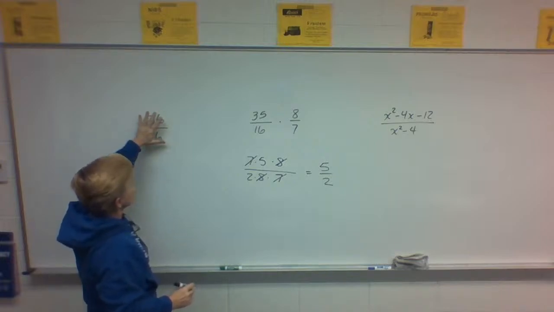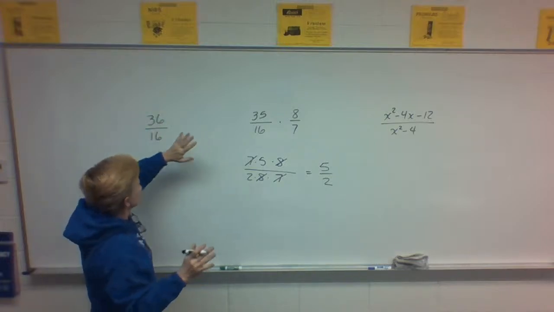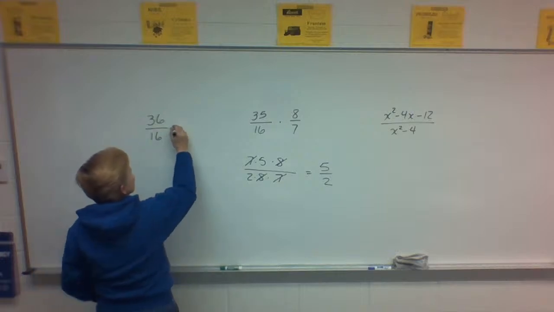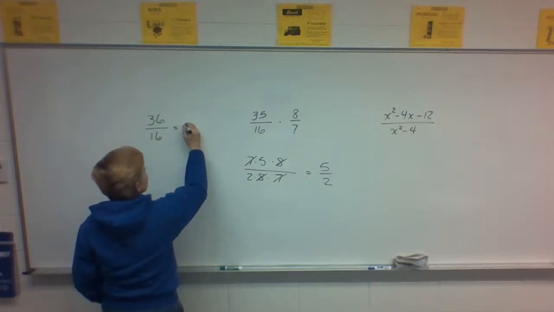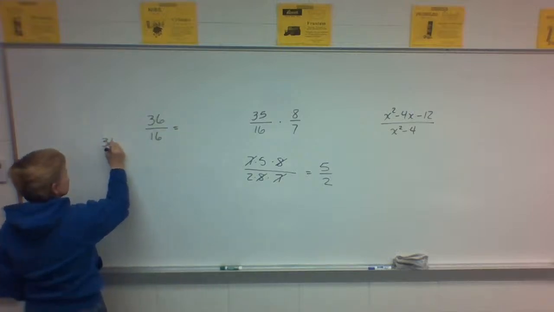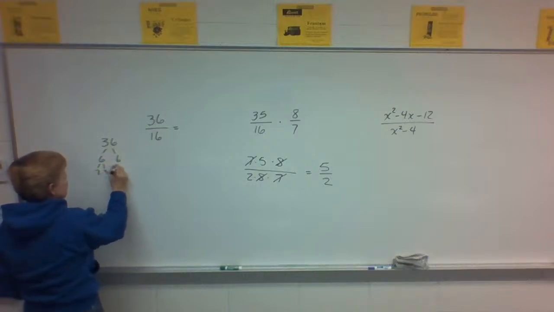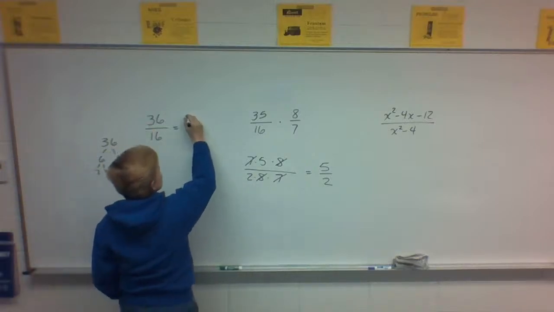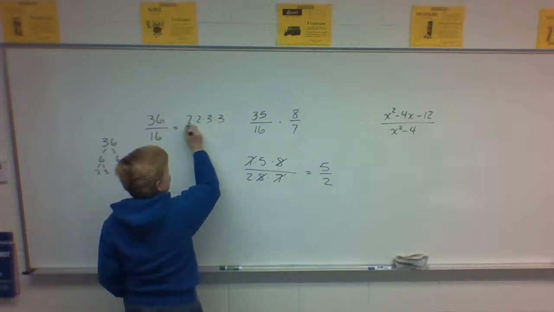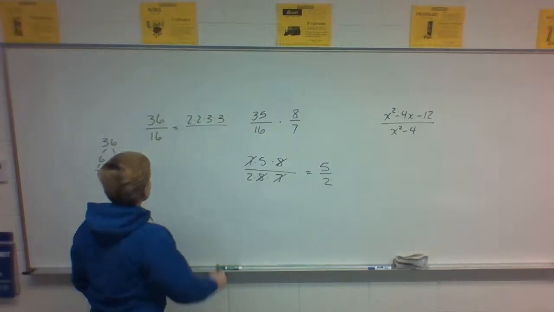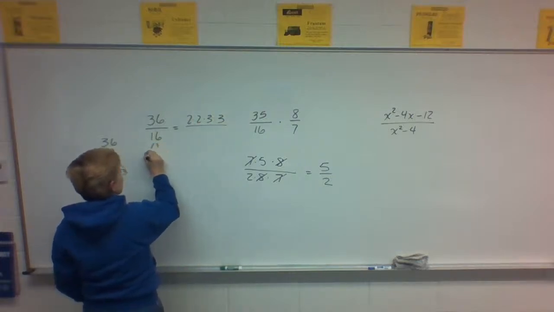And what we would do on this one, as opposed to this one, it's very much alike. But what we do on this one is factor the 36. That would be, let's see. If I factored it completely, it would be 6 and 6, 2, 3, 2, 3. So I'm going to rewrite 36 as 2 times 2 times 3 times 3. Have I lost anybody yet? Okay. I'm going to take the 16, which is 4 times 4.